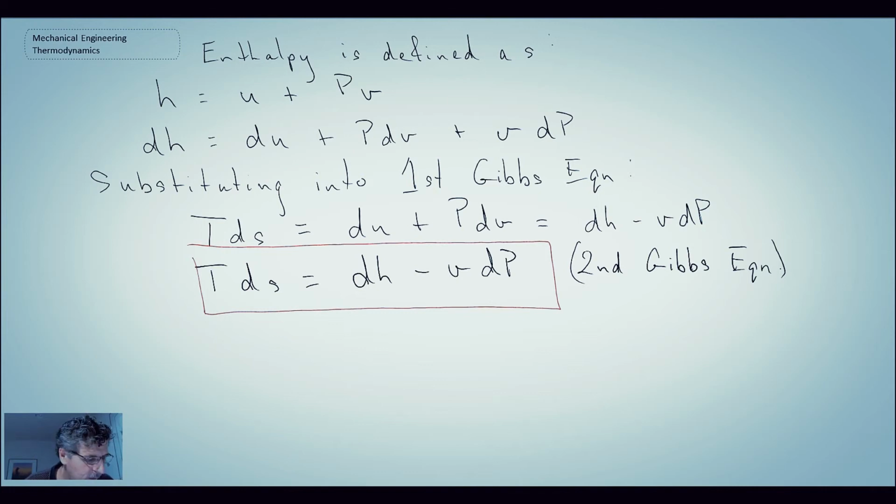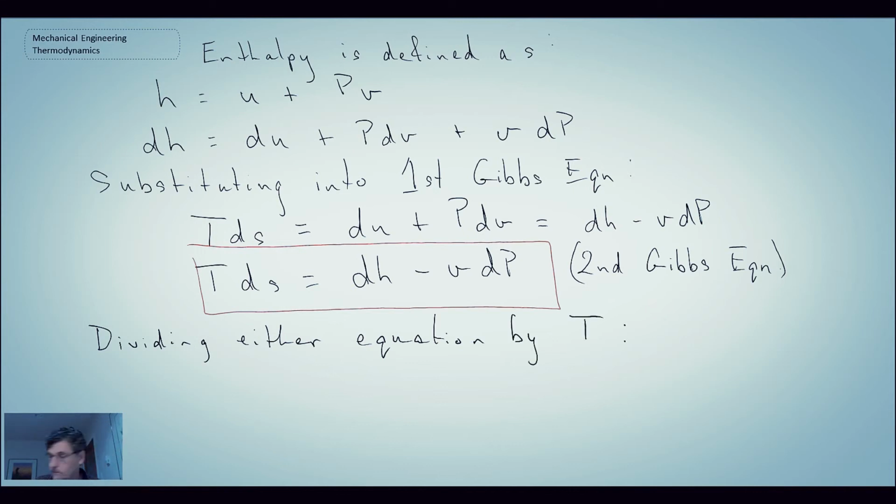Now, what we're going to do is we're going to divide the equations by T. And will result in two equations now.